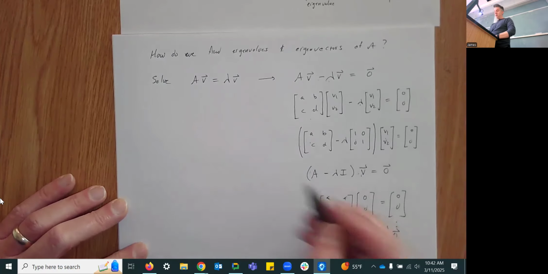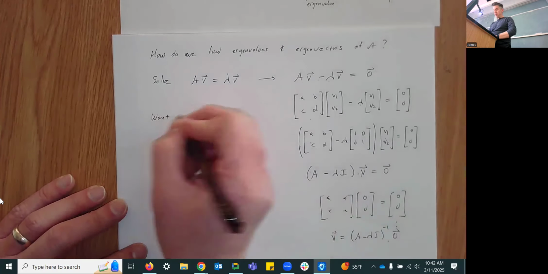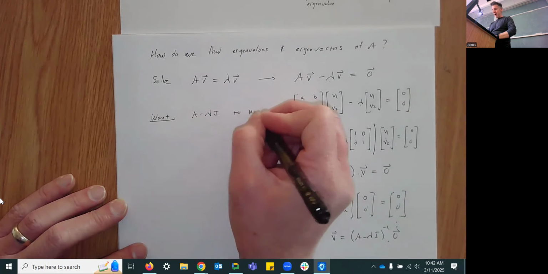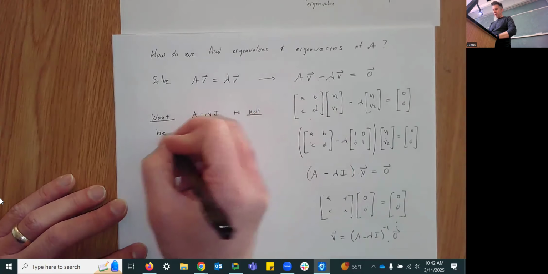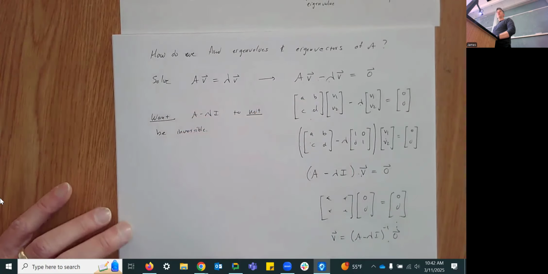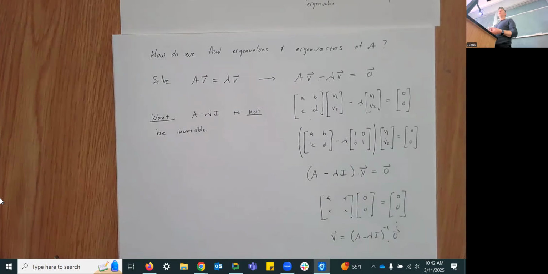So we want A minus lambda I to not be invertible. In other words, or equivalently, we want the determinant of A minus lambda I to be equal to 0.